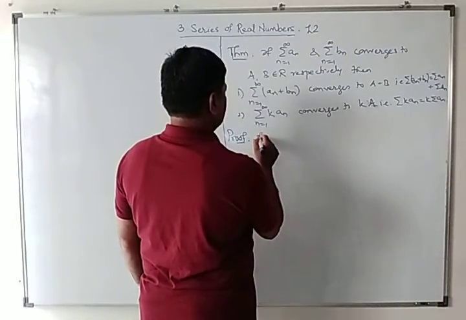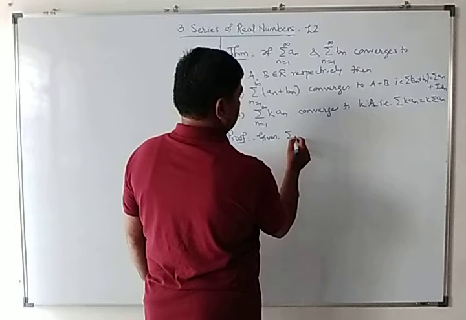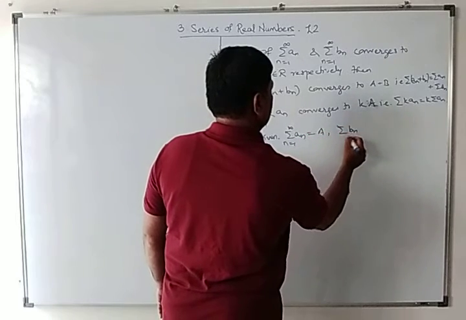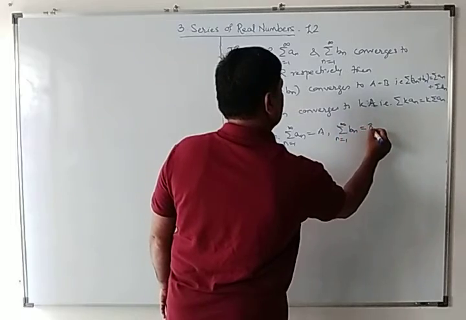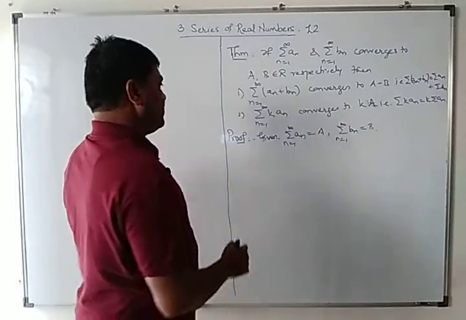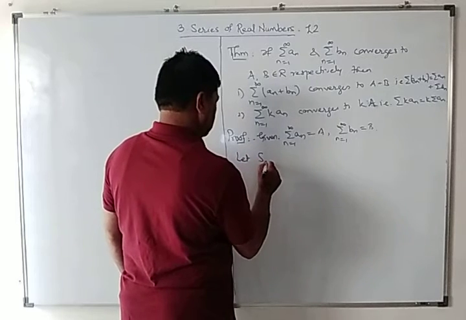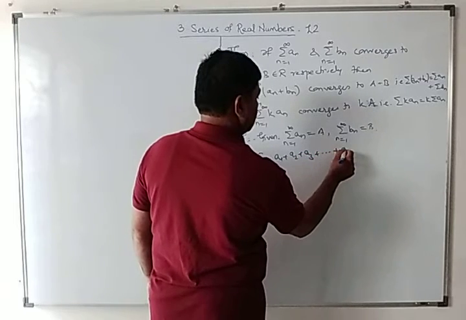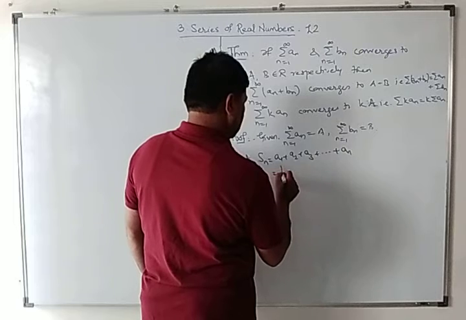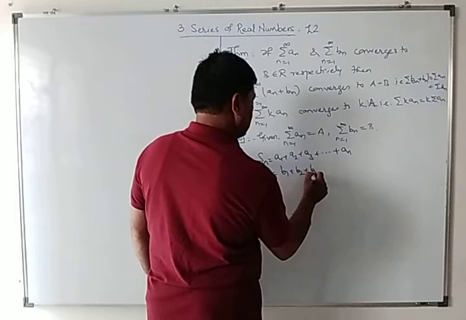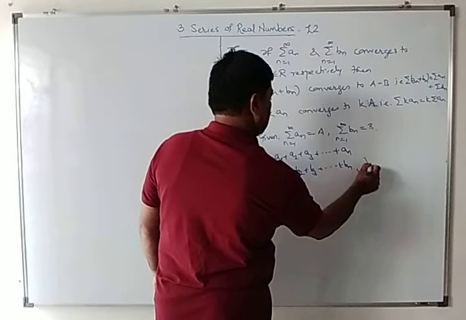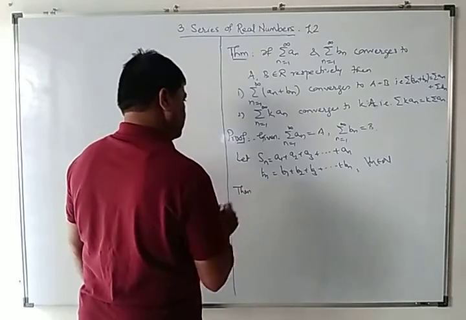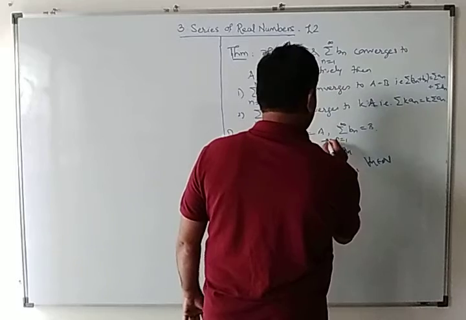So here given summation an, n equal to 1 to infinity, is equal to A, and summation bn, n equal to 1 to infinity, is equal to B. So let Sn is equal to a1 plus a2 plus dot dot up to an, and Tn is equal to b1 plus b2 plus dot dot up to bn, for every n belongs to N. This is 1, this is 2.